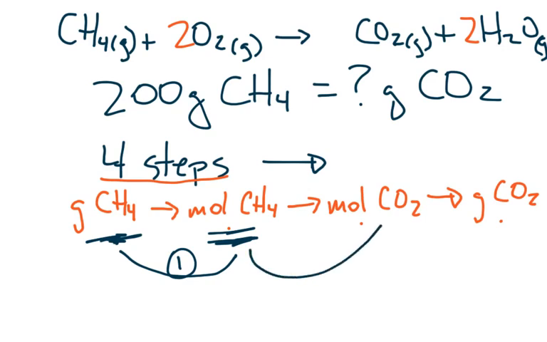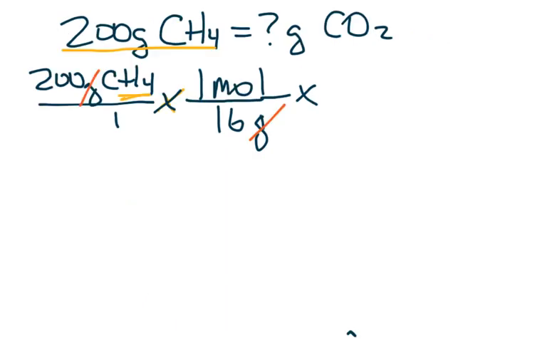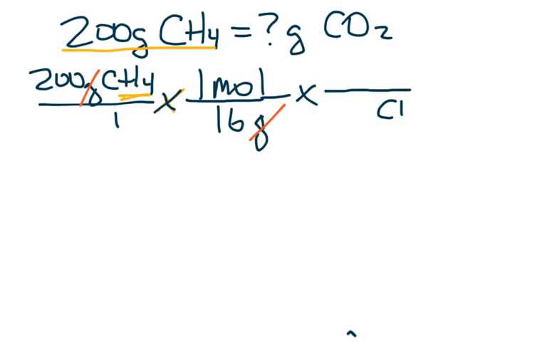And step 2, well, this is really step 3. So step 2 is I'm going to go from moles of CH4 to moles of CO2. Well, where do we get that? Well, we get it from this balanced chemical equation. There's 1 mole of CH4 for 1 mole of CO2. So that's pretty easy. So now I've got CH4 on the top, so I want CH4 on the bottom.